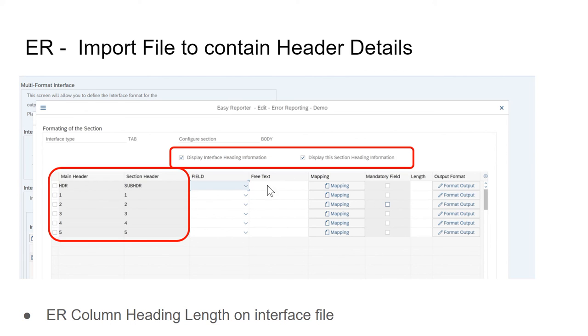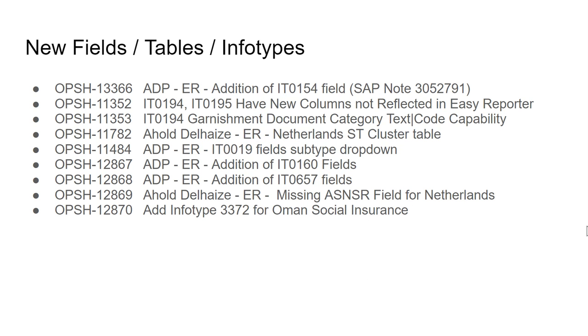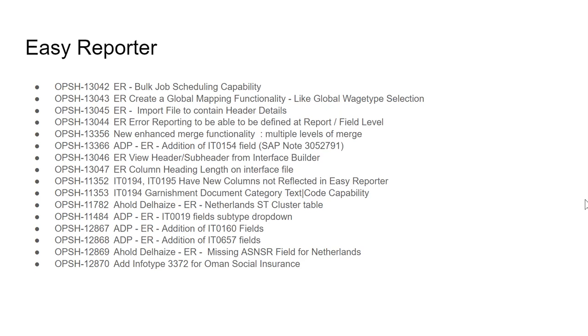For example, the free text has been expanded to be much longer. And lastly, a number of fields have been added for different countries, for different info types, for payroll clusters, and so on. So we continue to add to the functionality of Easy Reporter as customers request additional fields.